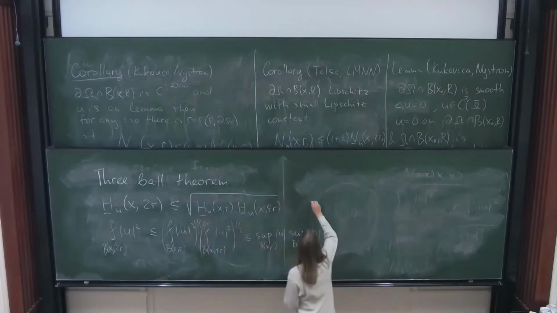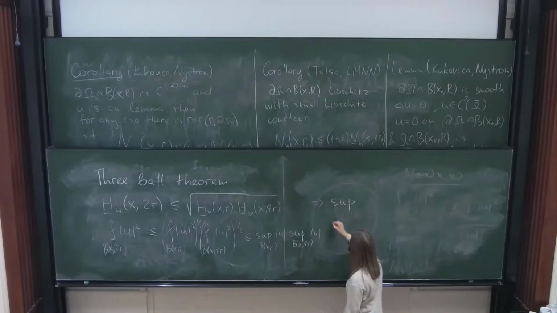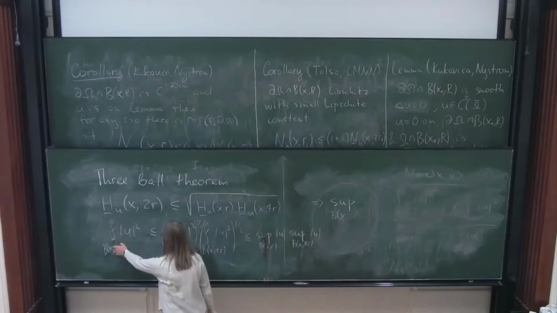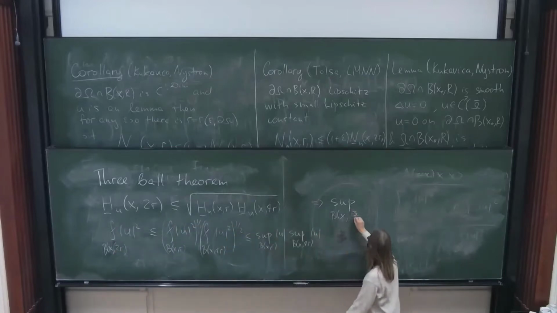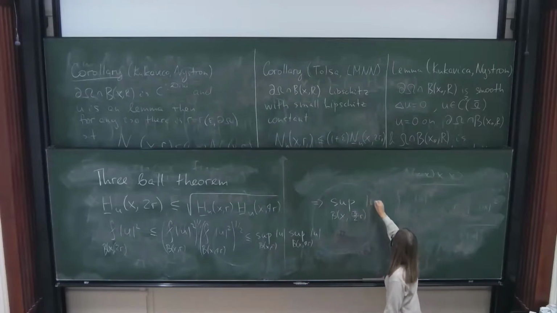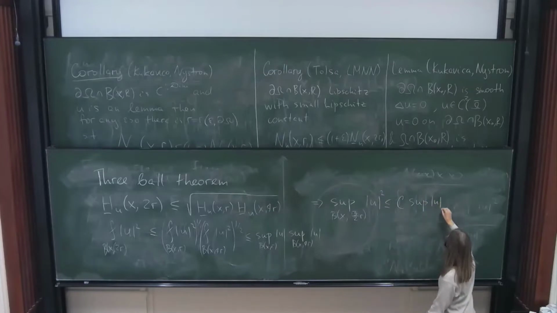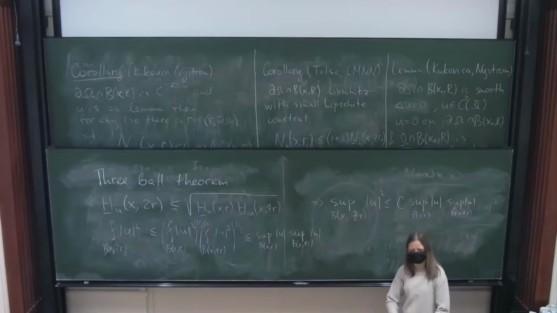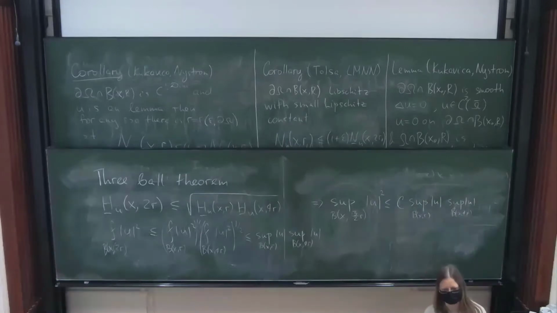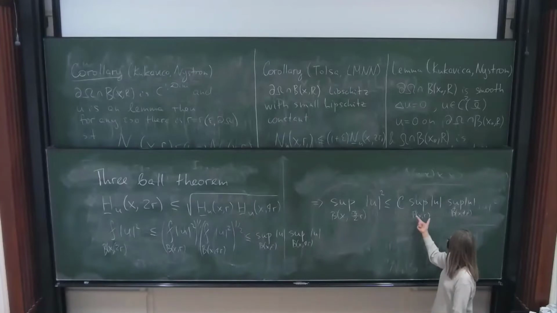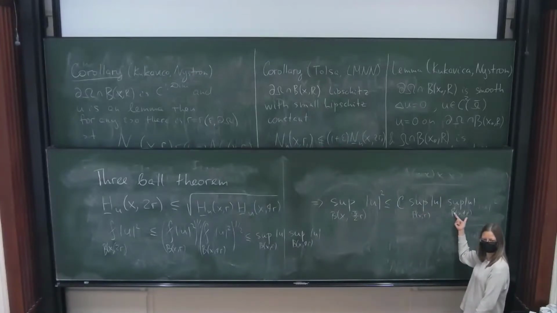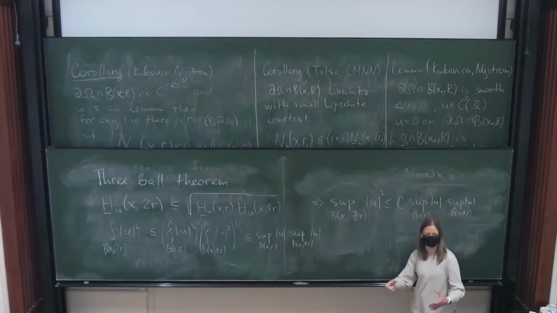So what we'll get is that the sum of the function over the ball is bounded, squared here. And it's a version of a three-ball inequality, because if the function is small on the ball inside and you have some upper control, it's also small on the intermediate ball.